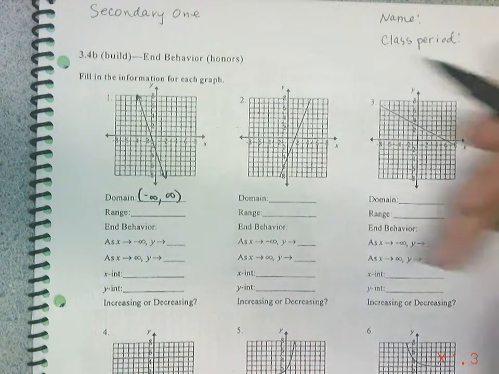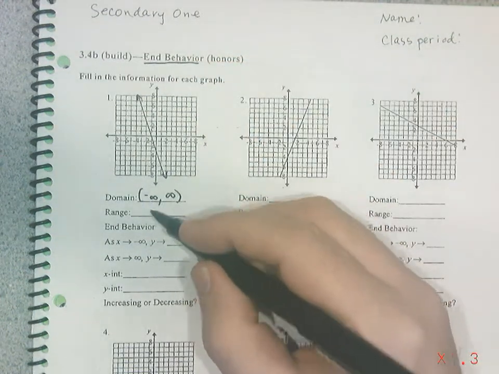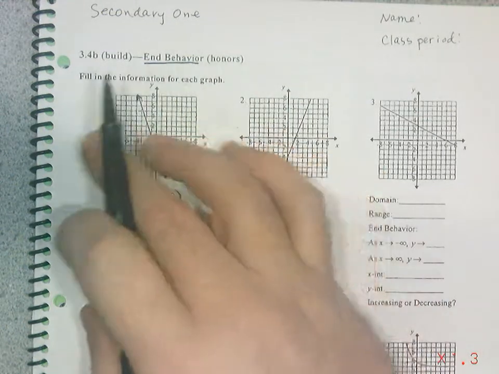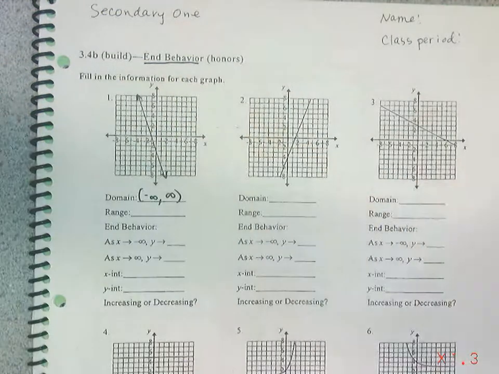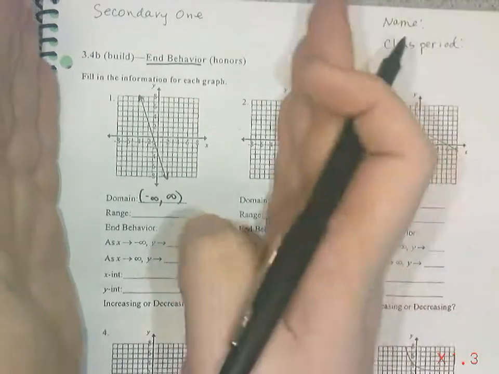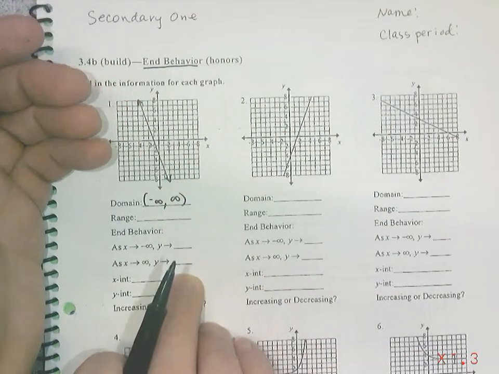And just a little heads up, anytime it asks you for end behavior, the domain pretty much has to be negative infinity to infinity, because it's wanting to know what happens to your y values when you go off in the infinite directions on the domain. Range, again, is the opposite of domain. It's talking about what's happening to your y values, so what's happening bottom to top.